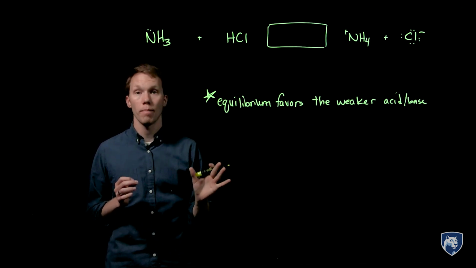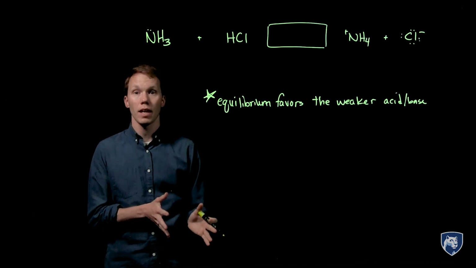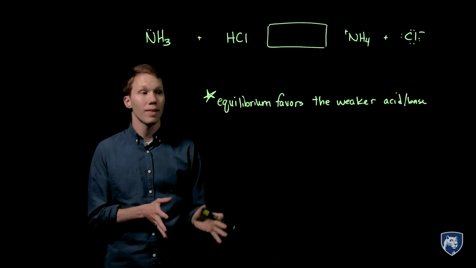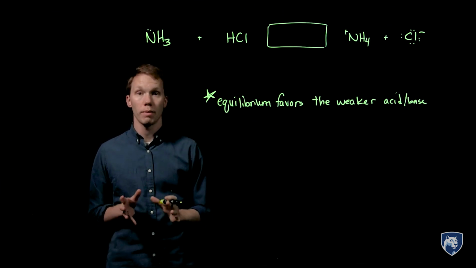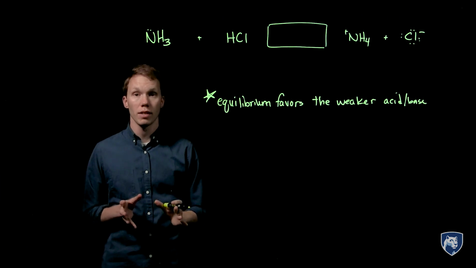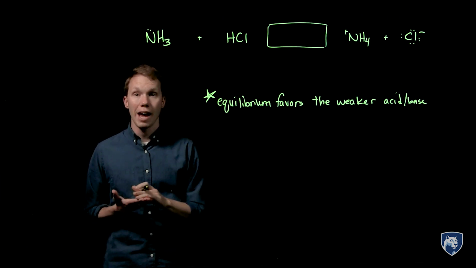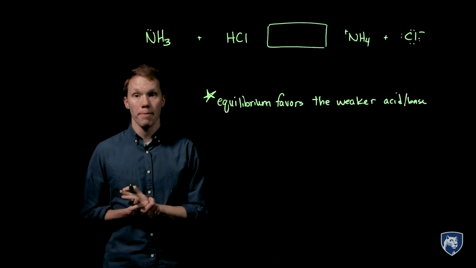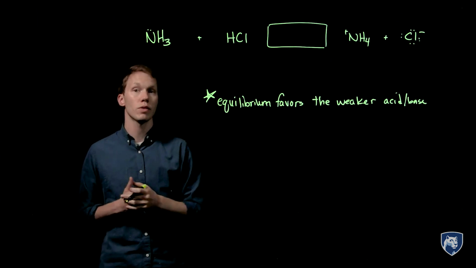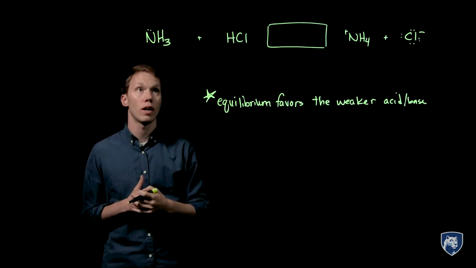The weaker acid and weaker base will always be on the same side of the reaction equation if you've done it right, and we will know that the equilibrium favors the weaker species based on our ARIO rules or pKa.